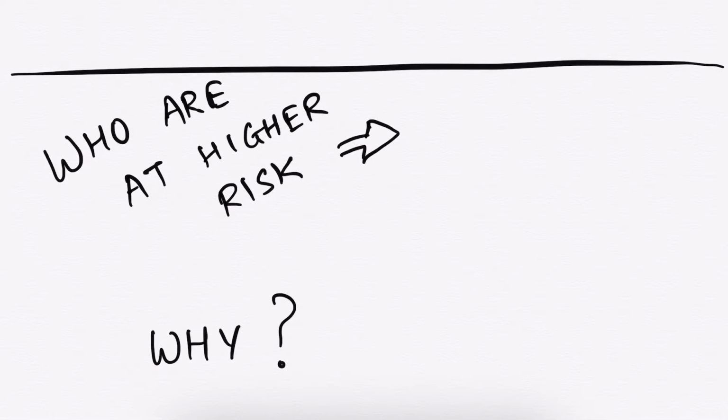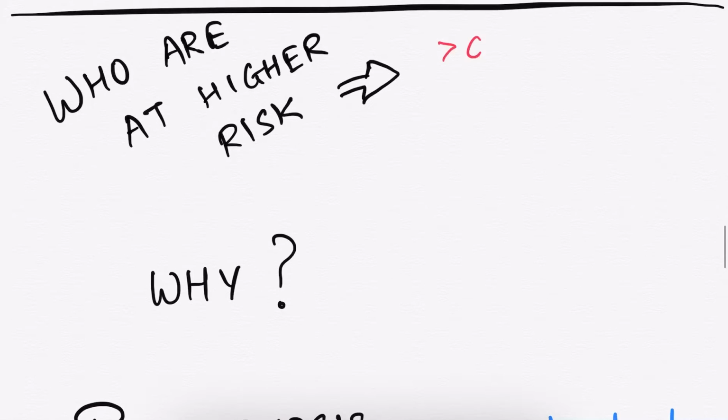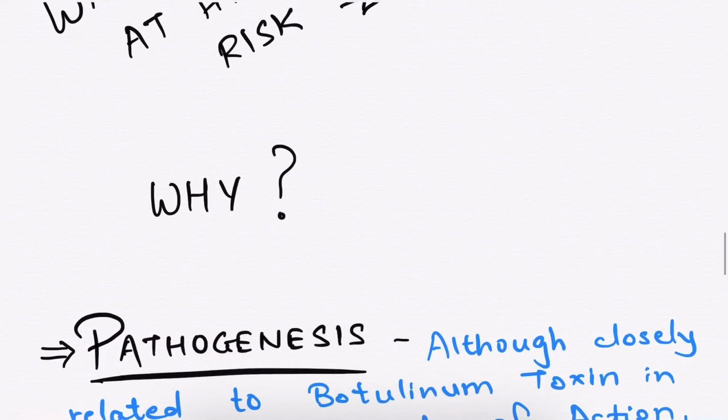Elderly people of age greater than 60 years are at higher risk for tetanus. Why? Because the antibodies decrease over time.